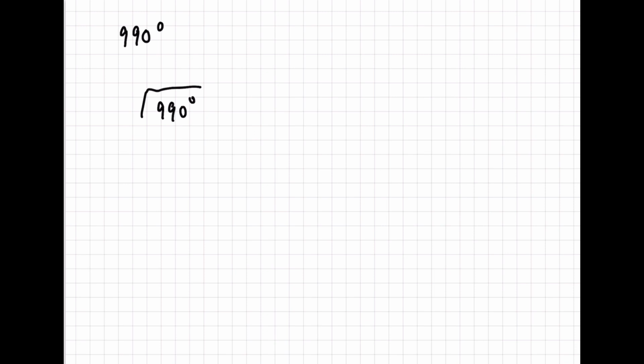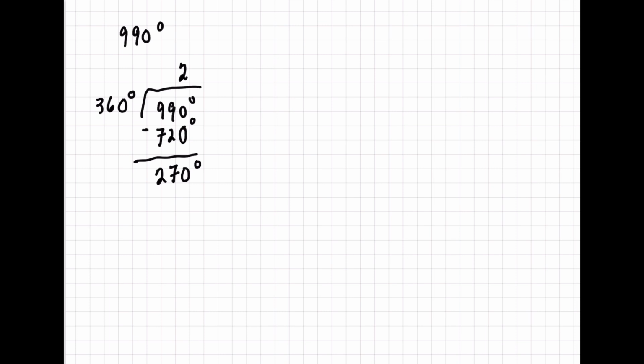So let's divide the two. How many 360 degrees do you think we have in 990? So let's estimate. Let's give 2 a shot. So 2 times 360 is 720. And we're gonna subtract that. Then we come up with 270 degrees.